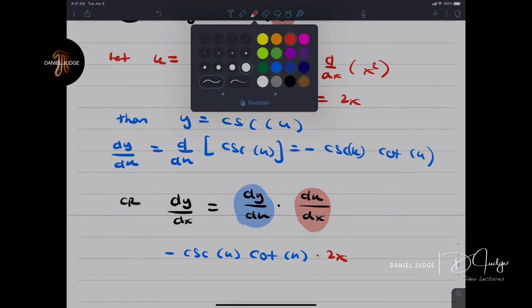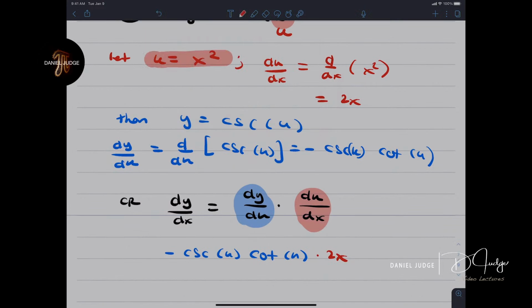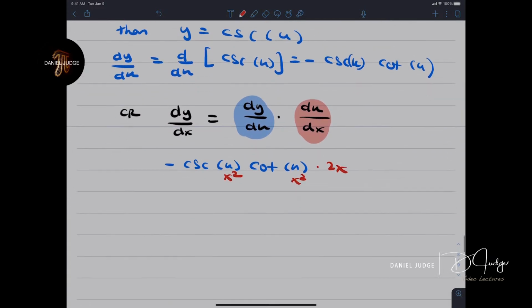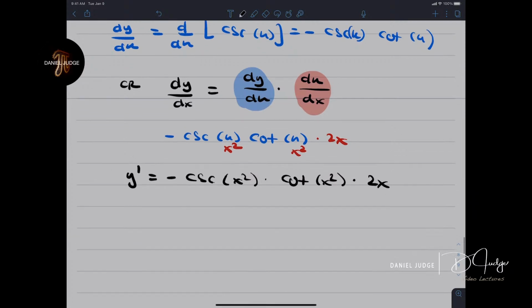So don't forget, our u is x squared. So we replace x squared wherever there's a u. Final answer, y prime is minus cosecant x squared cotangent x squared, and then by the chain portion, there's the 2x.